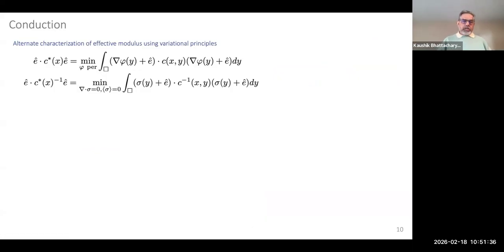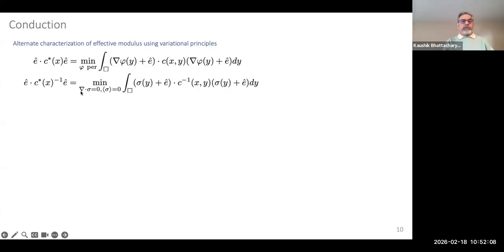Linear elliptic problems have a variational principle associated with them, and so the effective property also has a variational principle, and that's basically given here. So you can calculate C star by basically averaging over a unit cell and minimizing over all possible periodic functions.